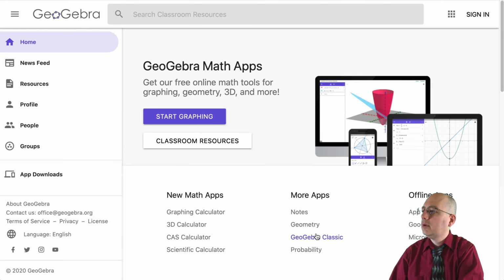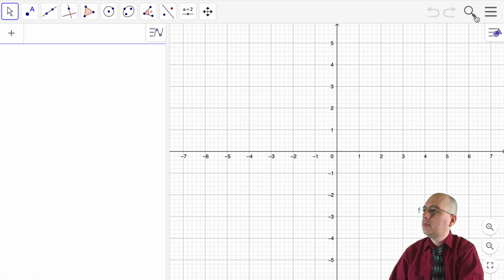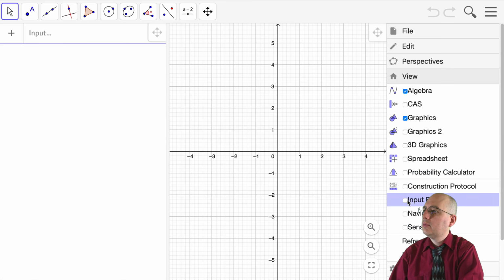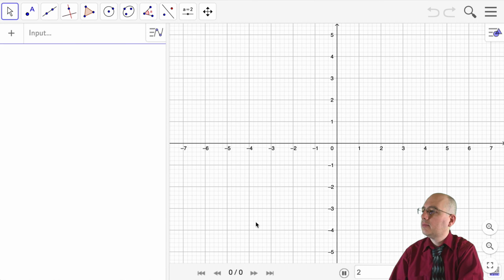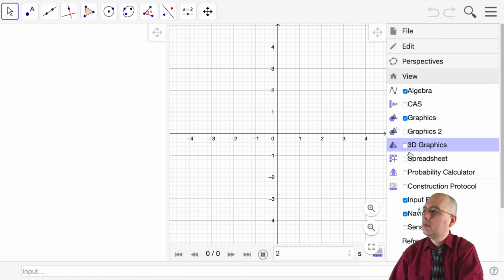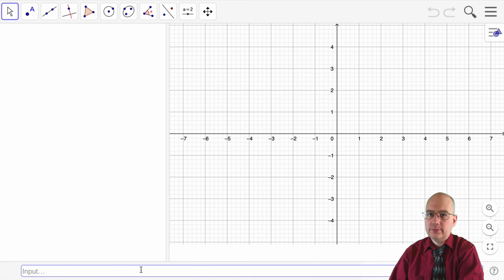So let me do a new GeoGebra and set up that navigation bar. Okay, we got the input bar.